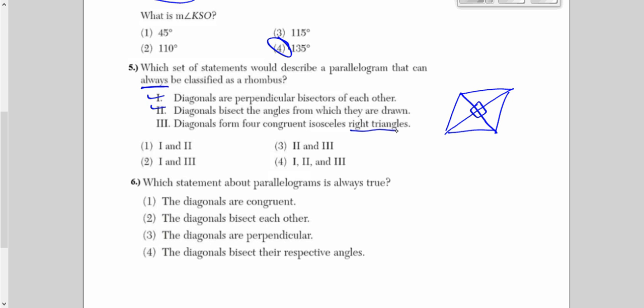Well, yes. Why? Okay, because they are, because why? Diagonals bisect each other. Because now go back up and look at parallelogram. What about the diagonals, guys? They bisect each other, right?